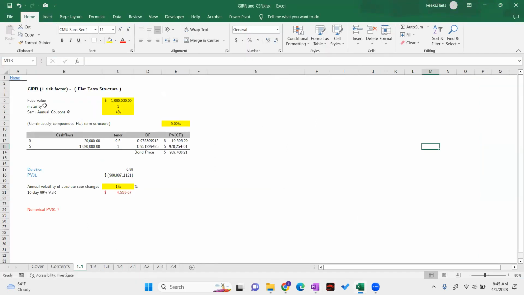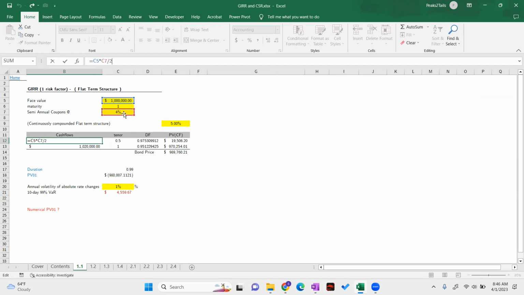All right, so we have face value 1 million, 1 year maturity, semi-annual coupon at 4%, continuously compounded flat term structure 5%. This is the discounting curve, okay? 5% everywhere. The first cash flow tenor is 0.5, right? The first cash flow is just a coupon, which is notional times coupon rate divided by 2. Second cash flow is the principal, the face value plus face value times the second coupon.